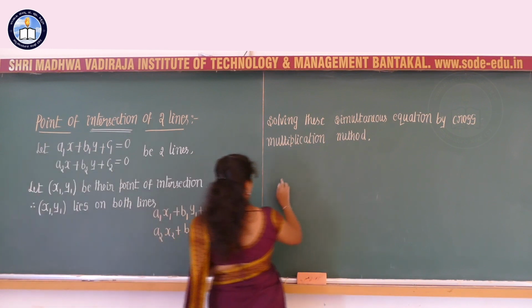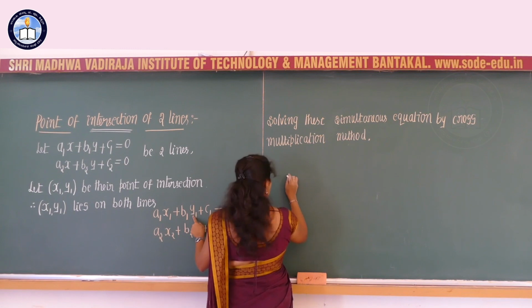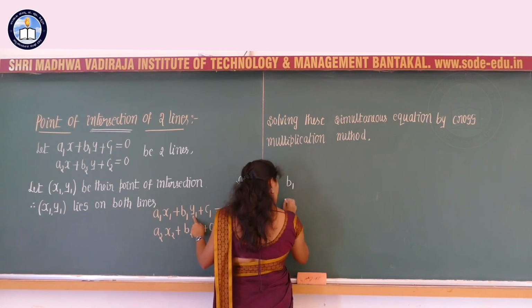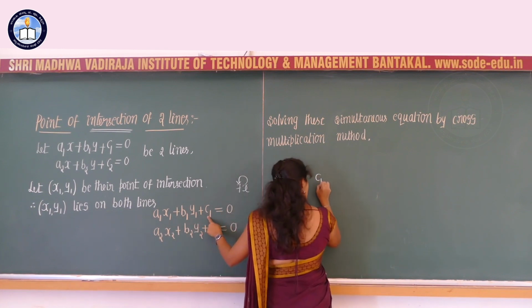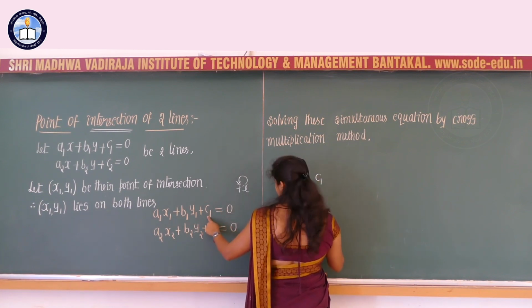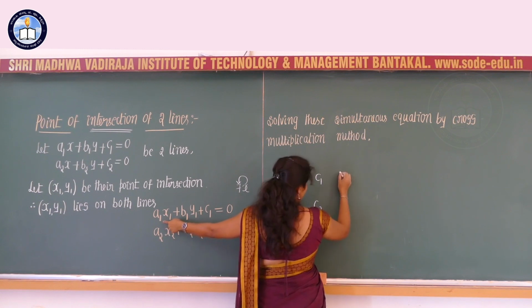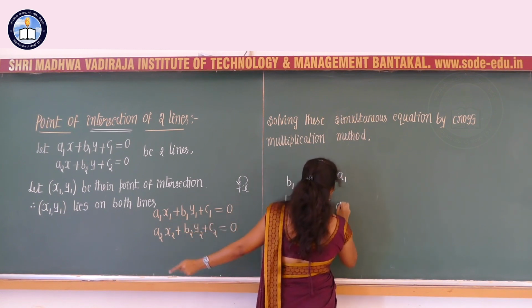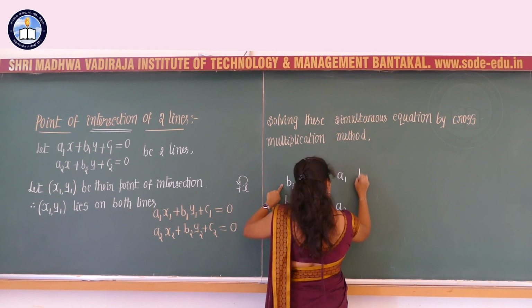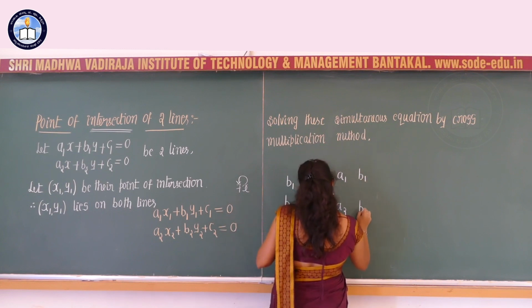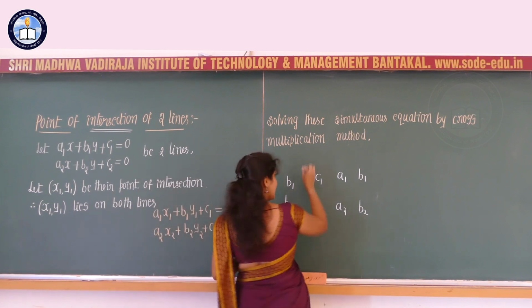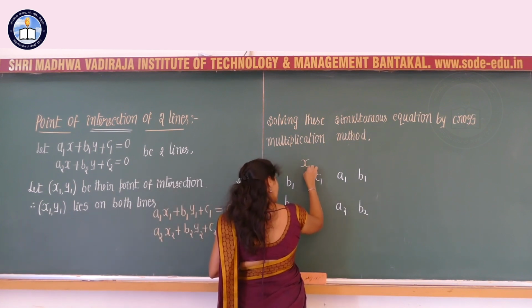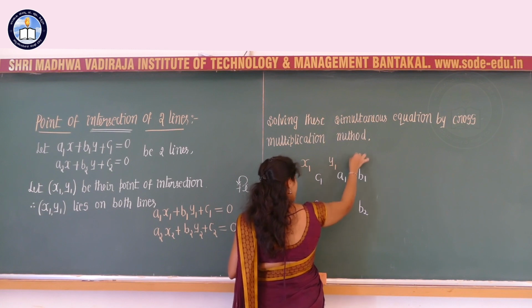So initially I will write the coefficients of y, they are b1 and b2. After that I am writing the constants c1 and c2. Next write the coefficients of x, they are a1, a2. Again the first one, that is the coefficients of y, b1, b2. And here I will consider x1, y1, 1.